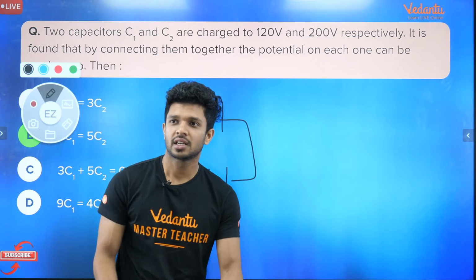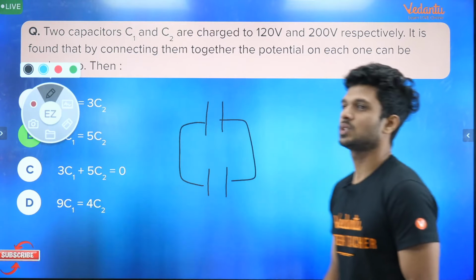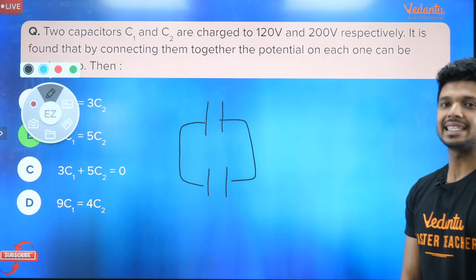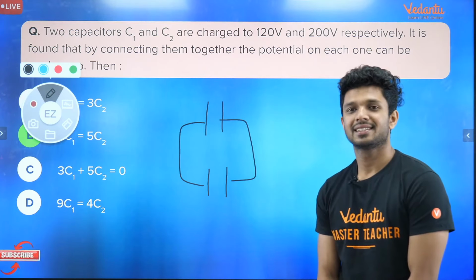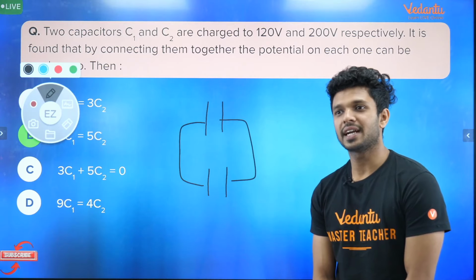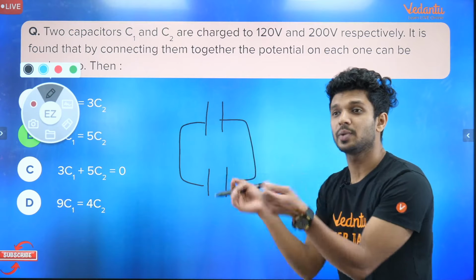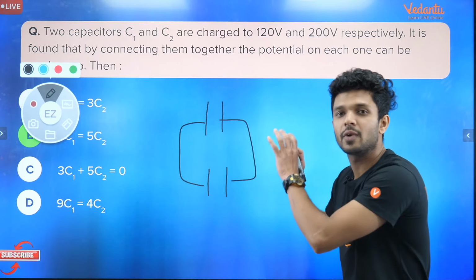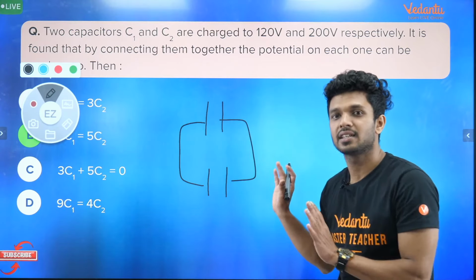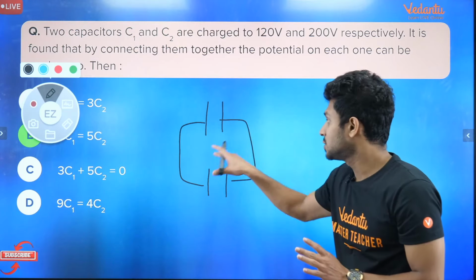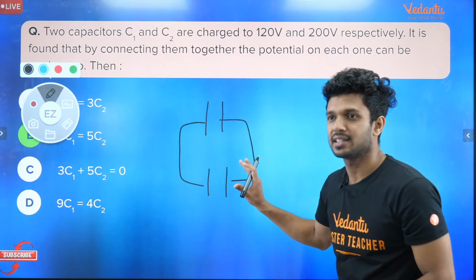How can I connect these two things in series? Can anyone tell me? The only way of connecting is in parallel. Both of them have to be connected. I can't let one of the plates be without any connection. So this will be a parallel connection, right?